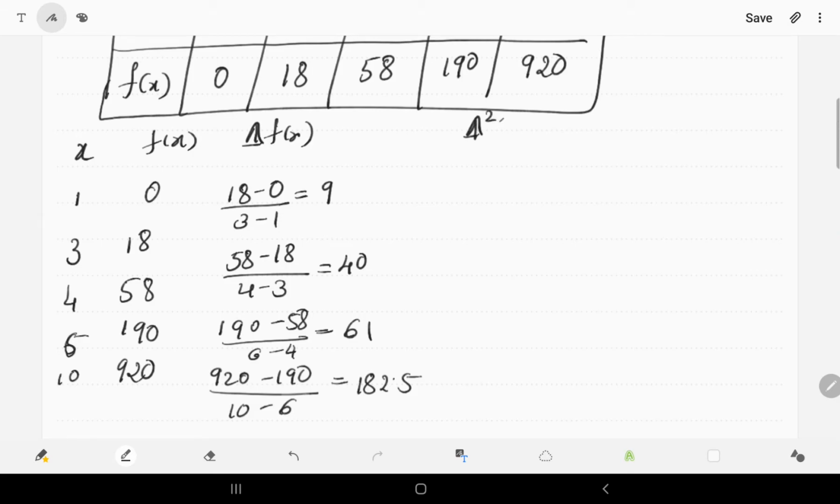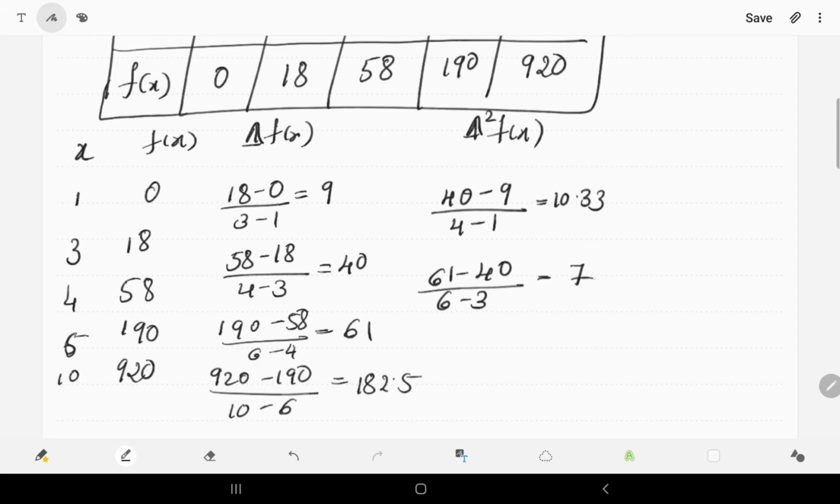The second divided difference is given by 40 minus 9 divided by 4 minus 1, that is equal to 10.33. Next, 61 minus 40 divided by 6 minus 3, that is equal to 7. 182.5 minus 61 divided by 10 minus 4, that is equal to 10.25.